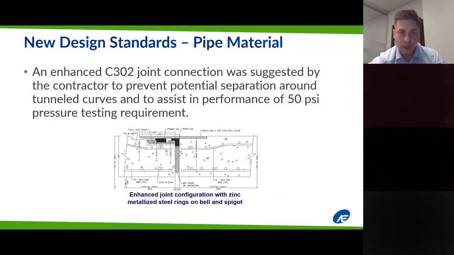They still met the requirements of a C302 pipe Carnegie joint, but it was essentially enhanced now that they had the steel collar, and it had 2 gaskets on that steel collar that could seal against the collar to prevent fines from coming in, and as well make sure that the pipe could be pressure tested to 50 psi.